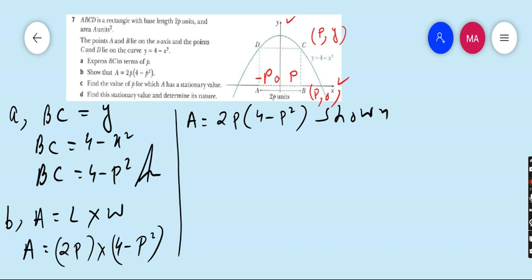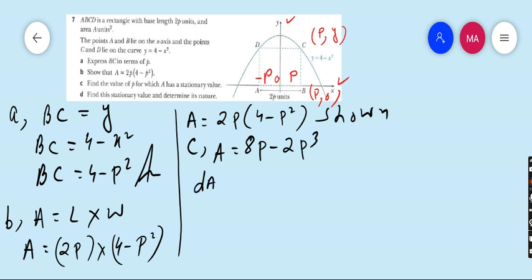Part C. Find the value of p for which A has a stationary value. Very easy. First we have to simplify A. 2p into 4 is 8p. 2p into p square is 2p cube.